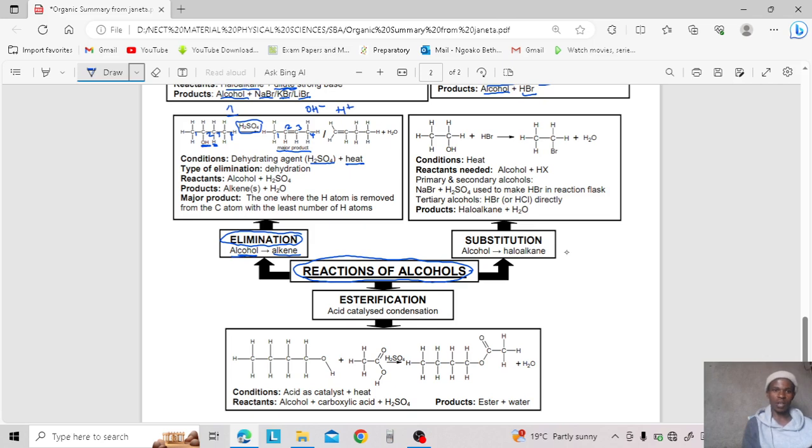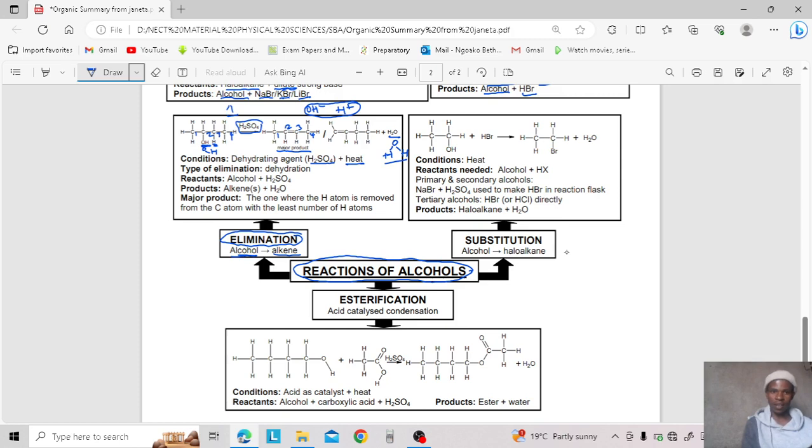So after they are removed, they are going to bond together and then they'll form H2O. So that's what is produced there.